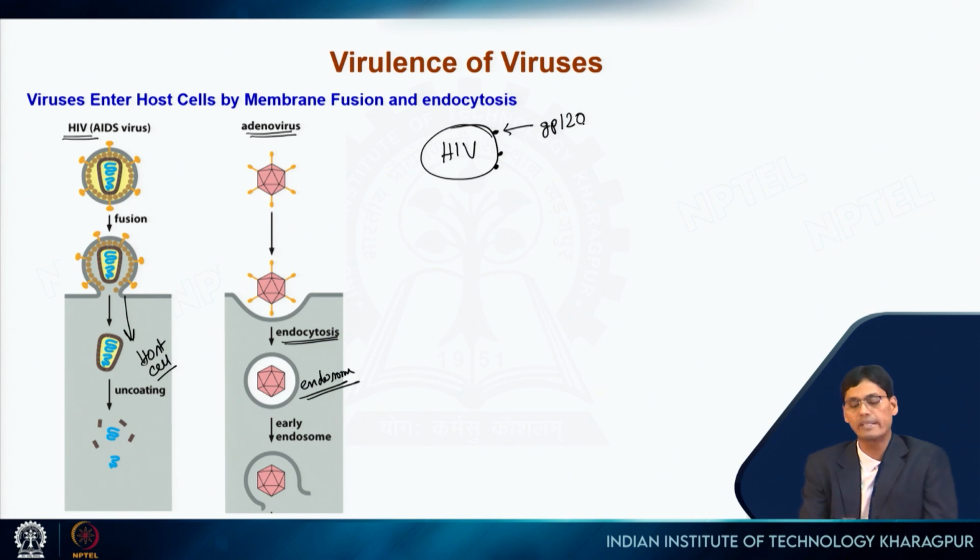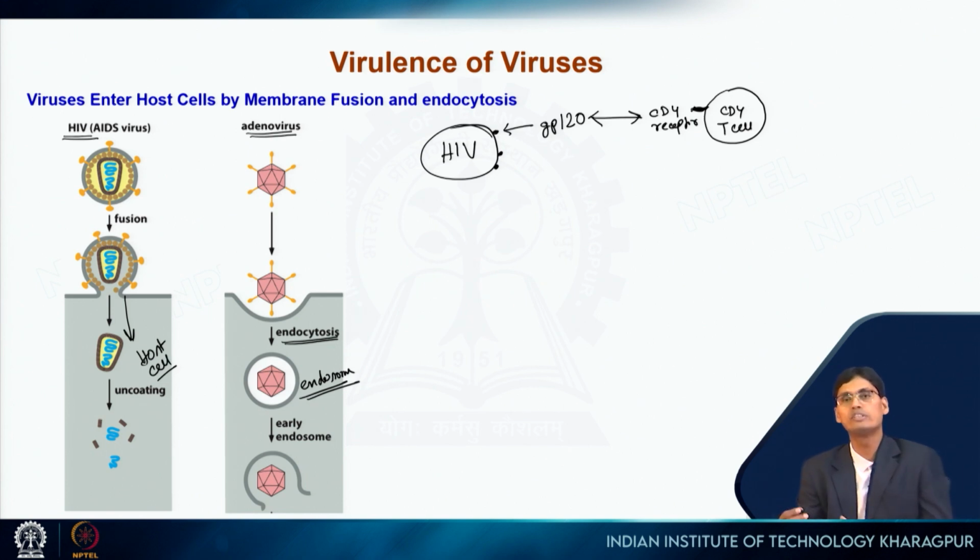Okay, this is the HIV virus. And now I mentioned before that GP120 interacts with the CD4 receptor present on the CD4 T cell. So, for example, this is our CD4 receptor. As a result of that, it helps the virus to go inside the host cell.